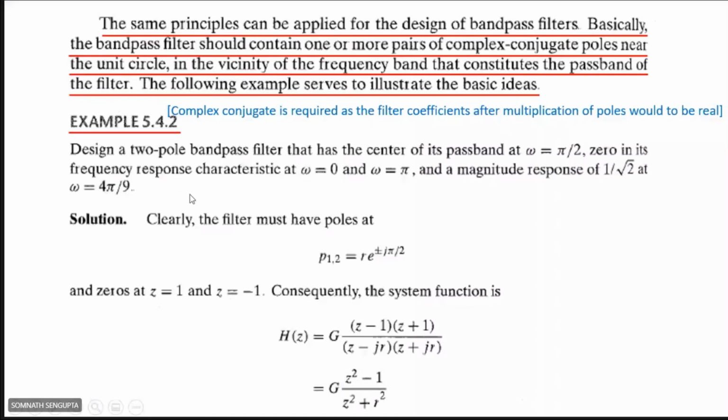Zero in its frequency response characteristics at omega equal to 0, मतलब lowest frequency, and omega equal to pi, it is highest frequency. ये टोटल फ्रीक्वेंसी रेंज है 0 to pi में. तो उस दोनों फ्रीक्वेंसी में गेन 0 हो जाएगा क्योंकि वहां पे 0 प्लेस करना है.